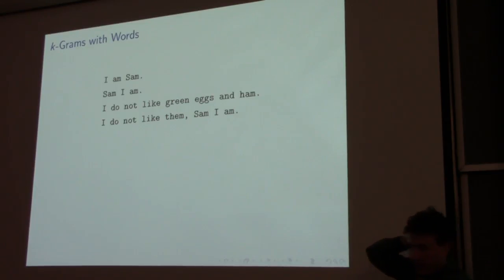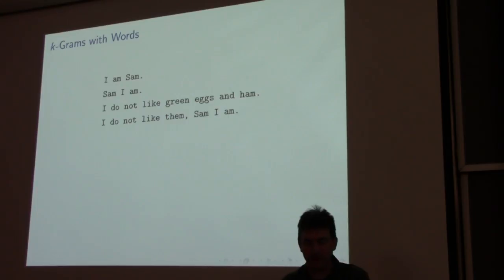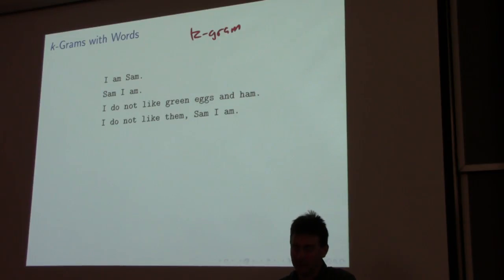I'm going to focus on something called the K-gram technique of turning this text into a set. There are some variants on K-grams, and again, these are modeling choices. We're going to start with the word-level K-grams.